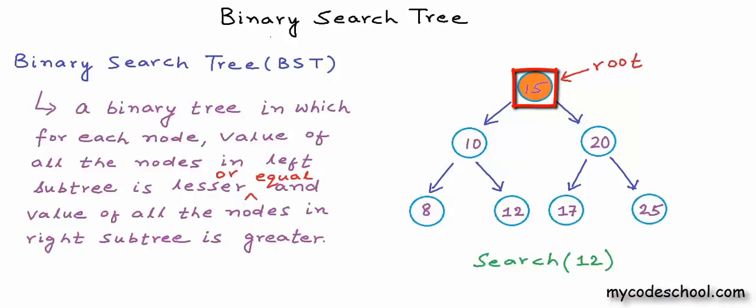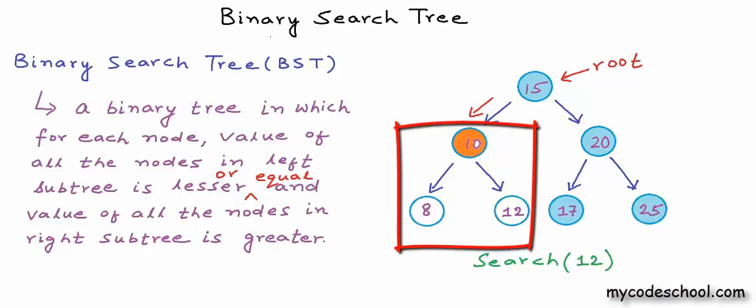If it's lesser, we know that we need to go to the left subtree, because in a binary search tree all the elements in left subtree are lesser and all the elements in right subtree are greater. Now we'll go and look at the left child of node with value 15. We know that number 12 that we are looking for can exist in this subtree only, and anything apart from this subtree is discarded.